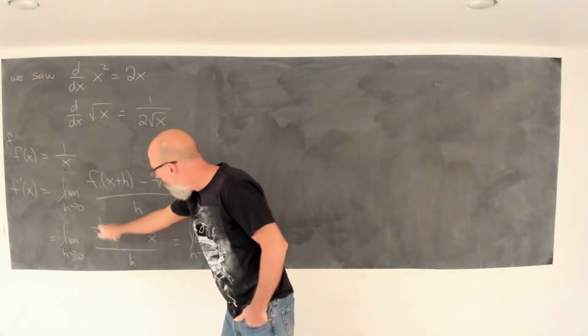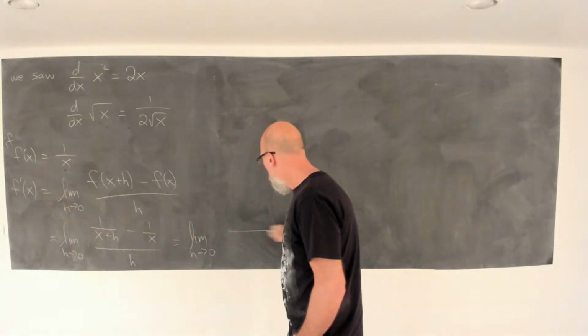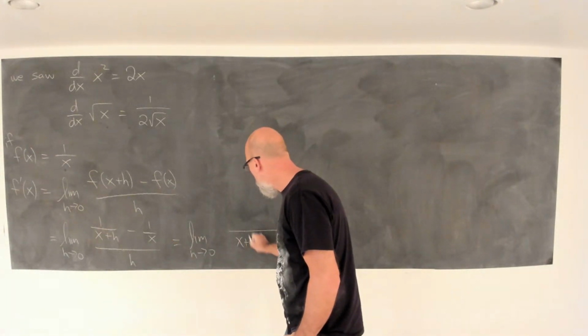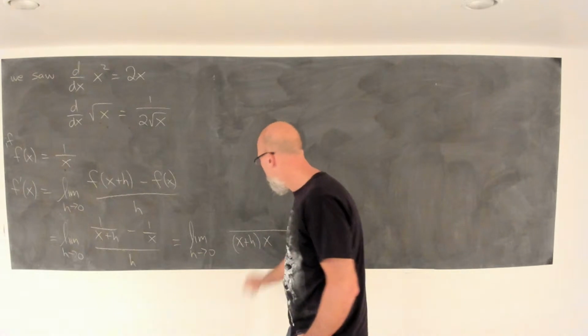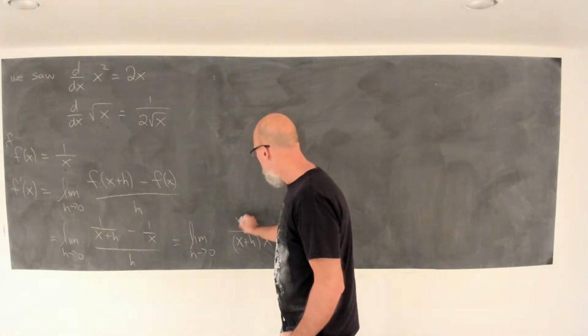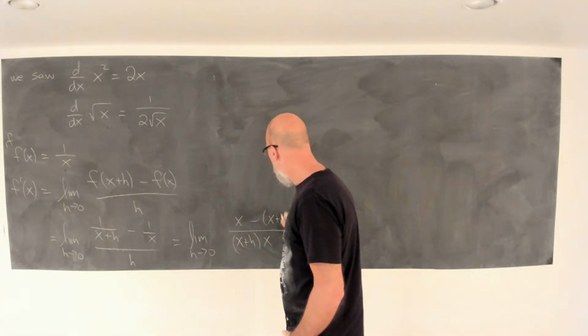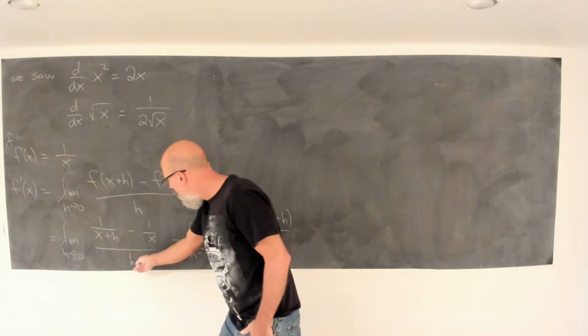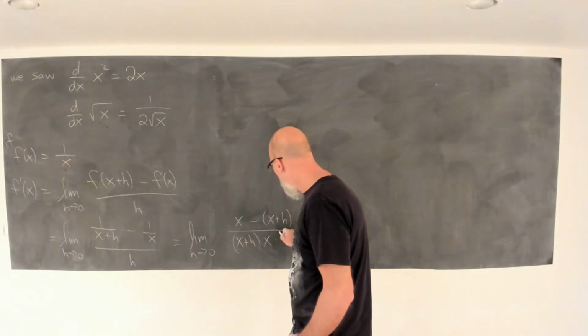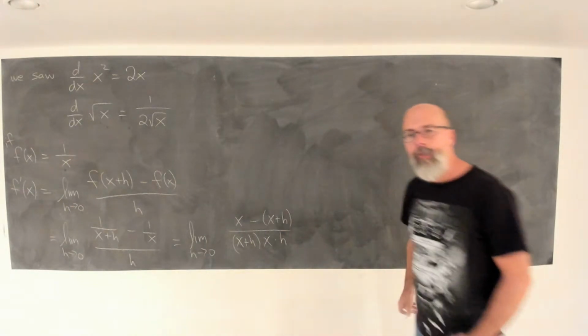Let's put the numerator over a common denominator, which is going to be the product, x plus h times x. So we get an x minus x plus h on top. And this h goes back in the denominator right here. The usual, right?